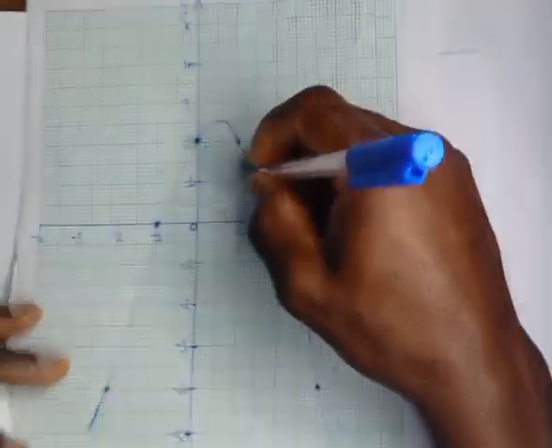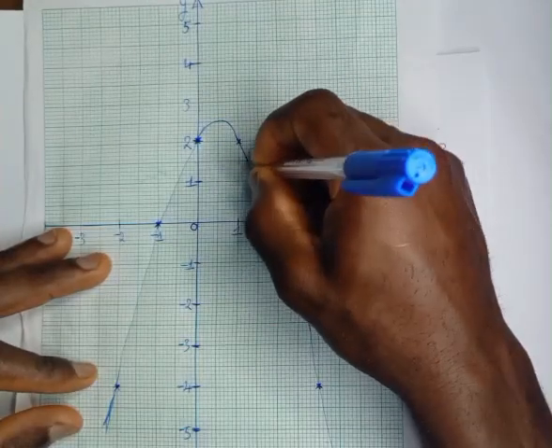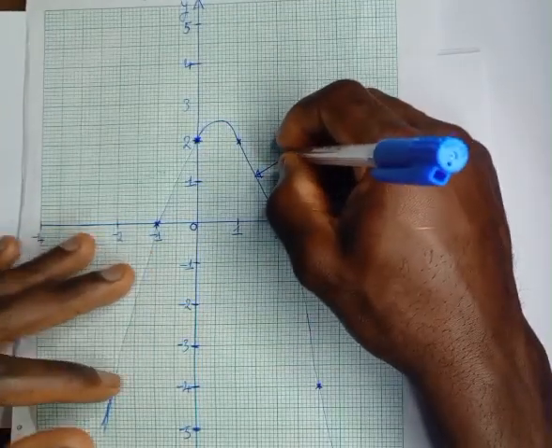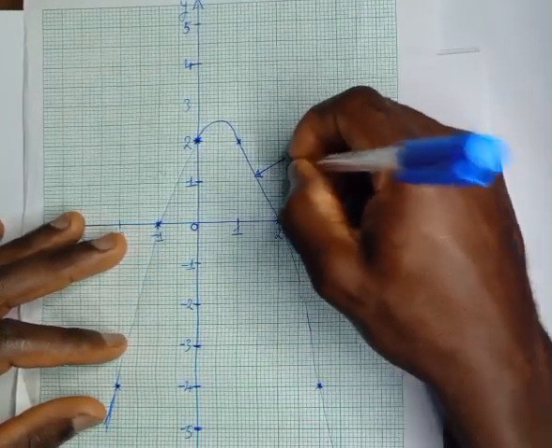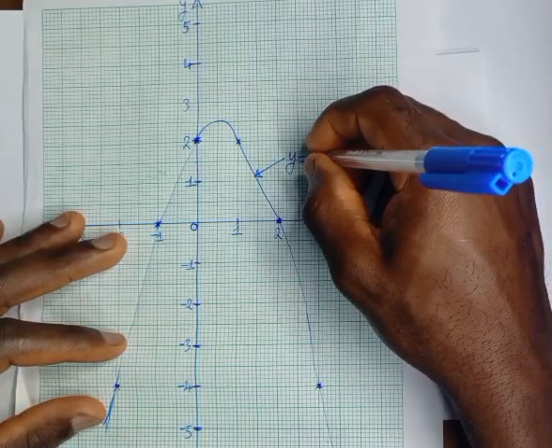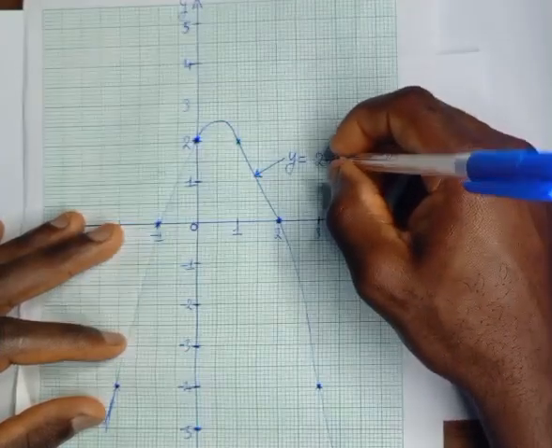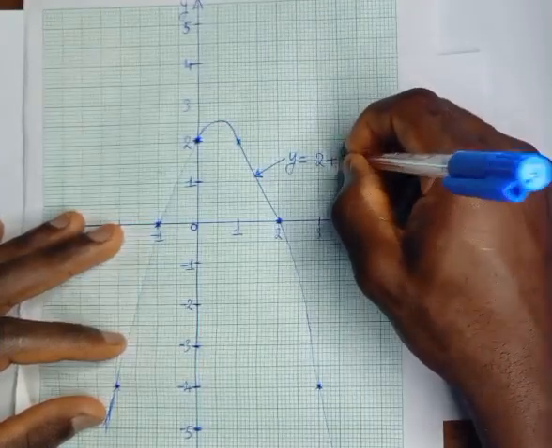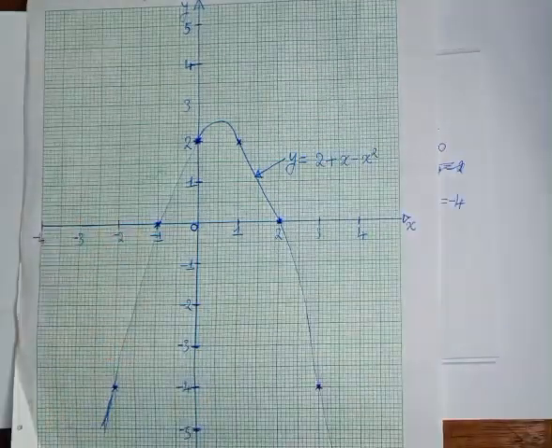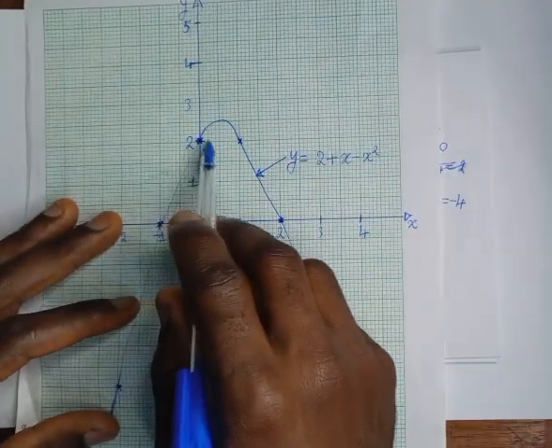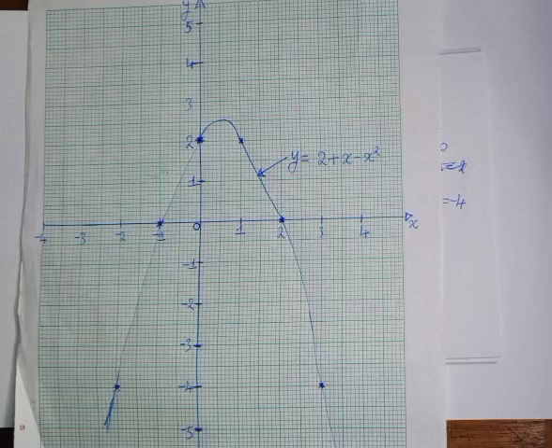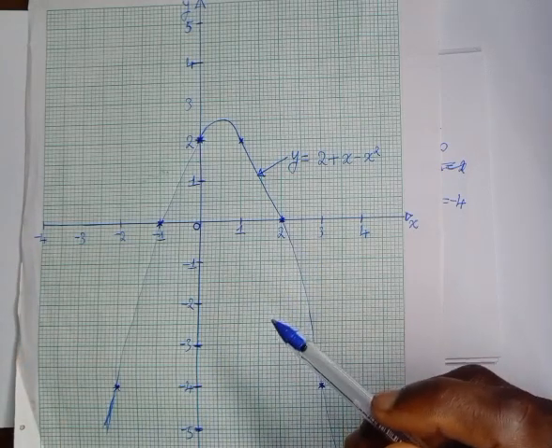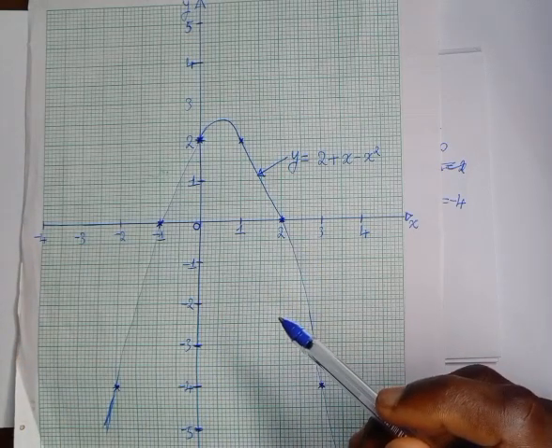Then we are going to label it that this is the curve of y equal to 2 plus x minus x squared. The reason why we cannot connect these points as such is because graphs of quadratic functions are parabolas.